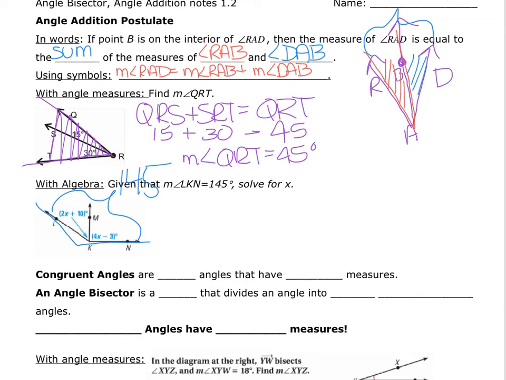So basically we have a whole big angle, and then you can see here that we also have the expressions for two smaller angles. So again, two pieces equal the whole thing. So here are the expressions for the two smaller angles.